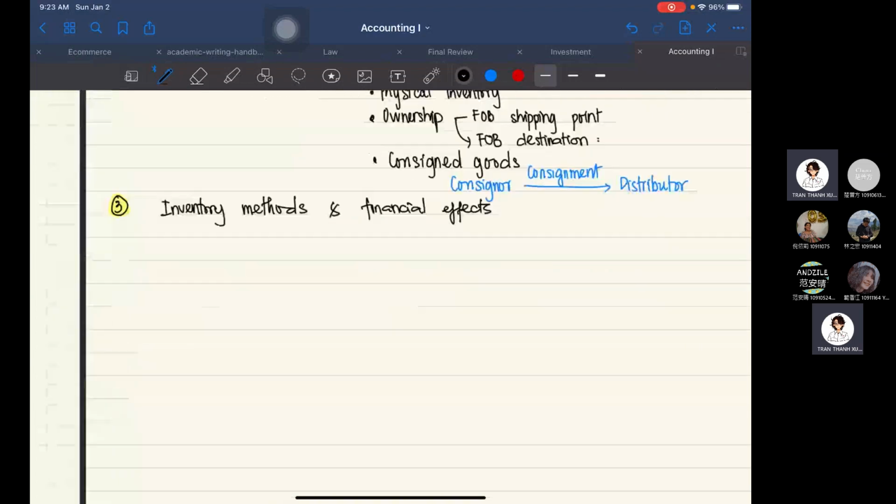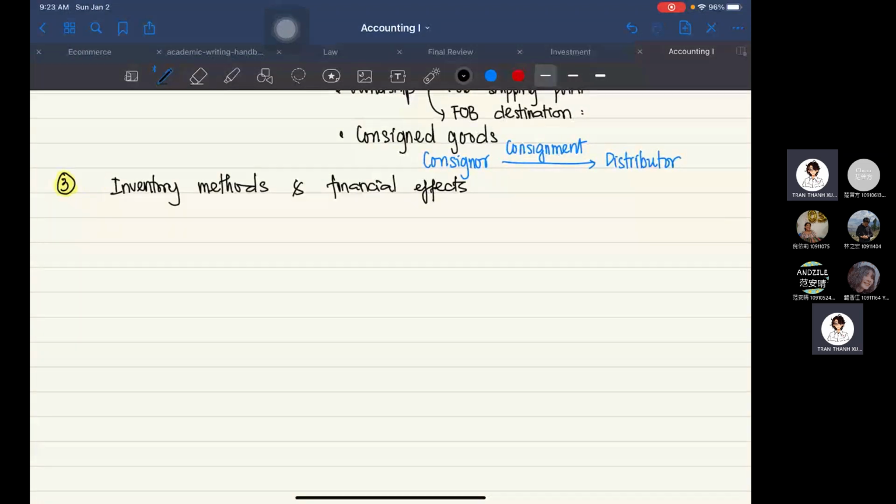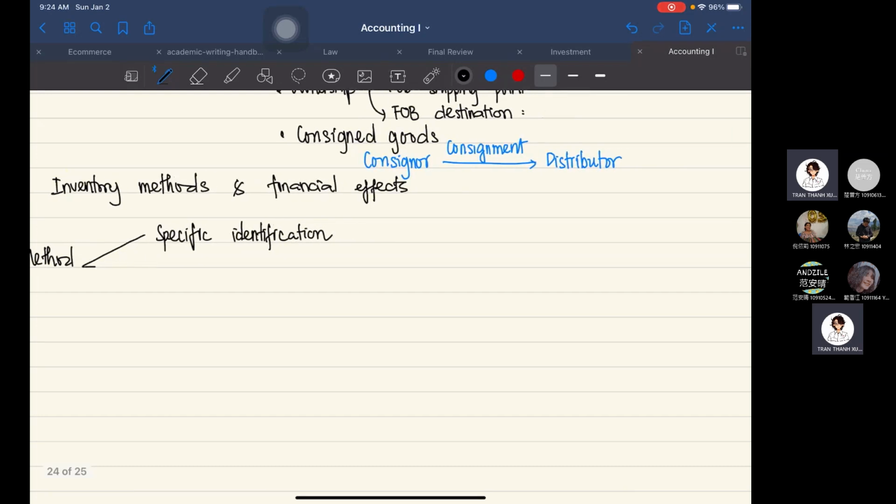In here, there are three methods that we need to keep in mind: specific identification, FIFO, and average cost.